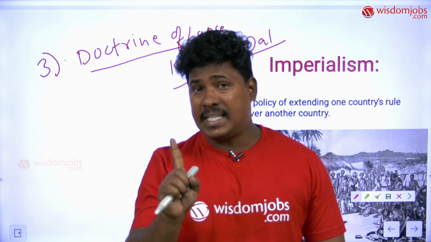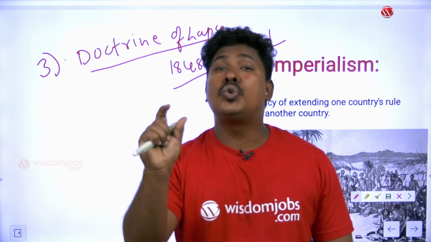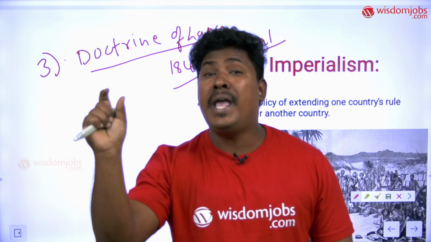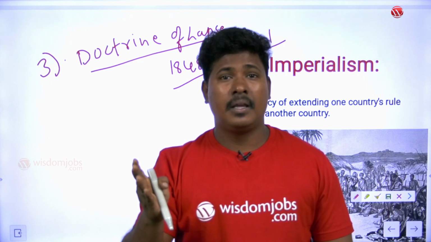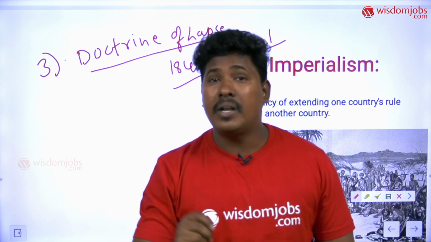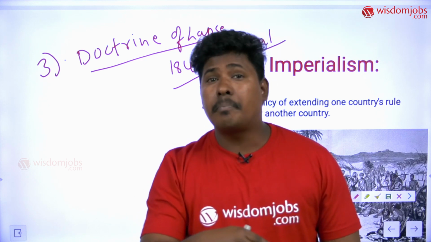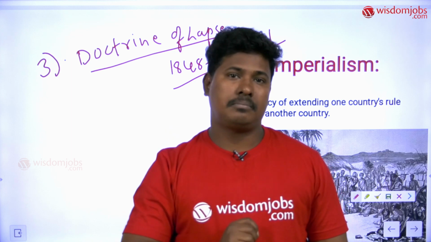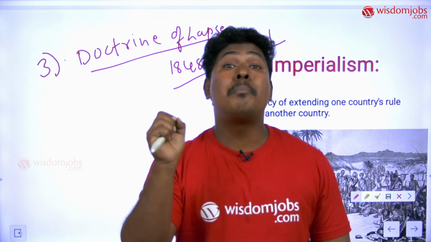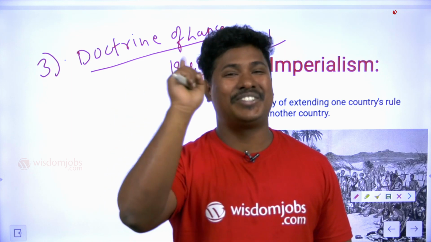What was the case? The case is, if there is no natural legal born heir to the state, and the king doesn't have a natural legal born heir, or he adopted from somewhere, at the time the British were empowered to annex such state.